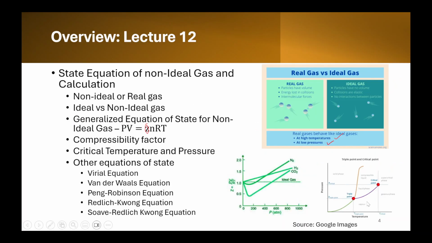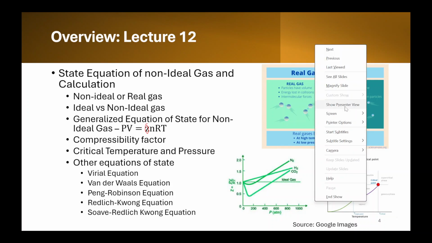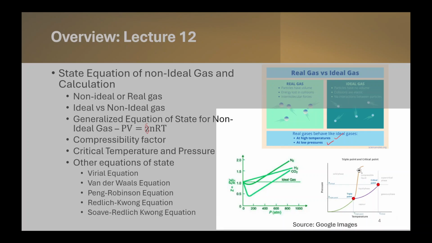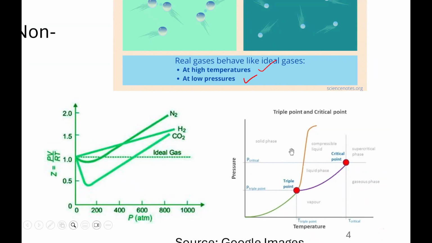If you look at this phase diagram, this is the vapor phase and this is the solid phase. The equilibrium curve between solid and vapor is this. For vapor to become solid, you can decrease the temperature, or you can increase the pressure from this point.